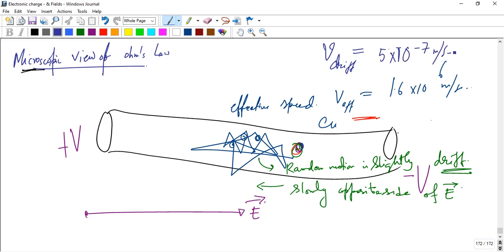You see that the drift speed is much less than the effective speed, actually very slow. And drift speed refers to the average speed.